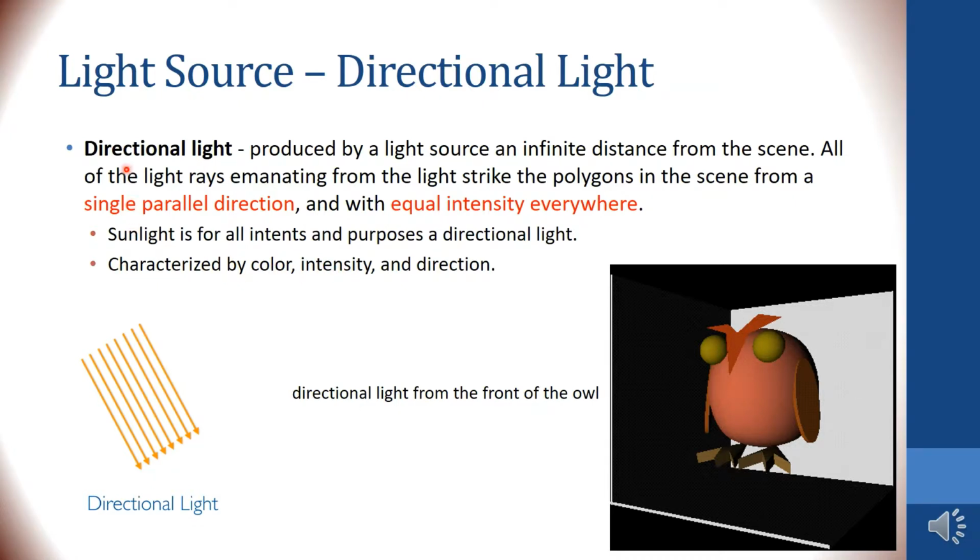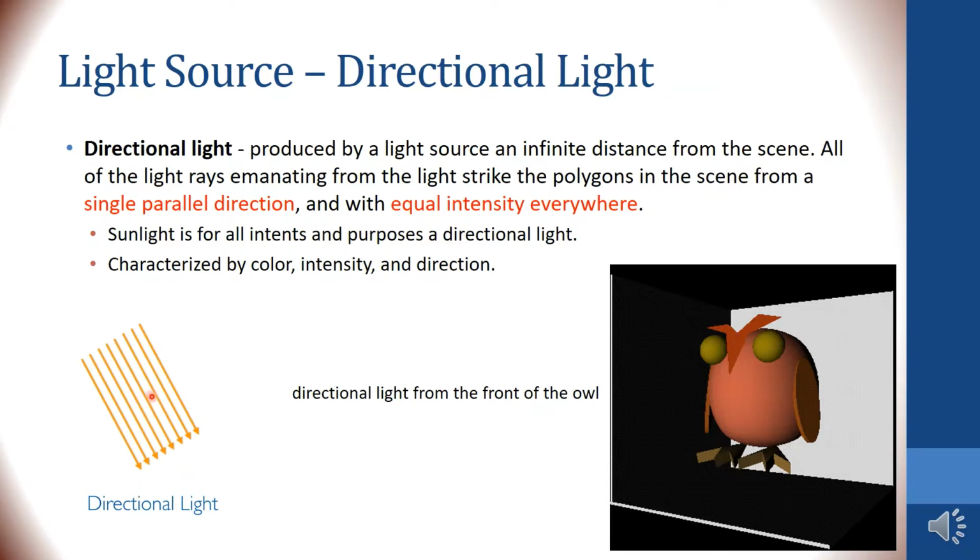Based on the name itself, directional light comes from an infinite distance, and all the light rays strike the polygons in the scene from a single parallel direction with equal intensity everywhere.